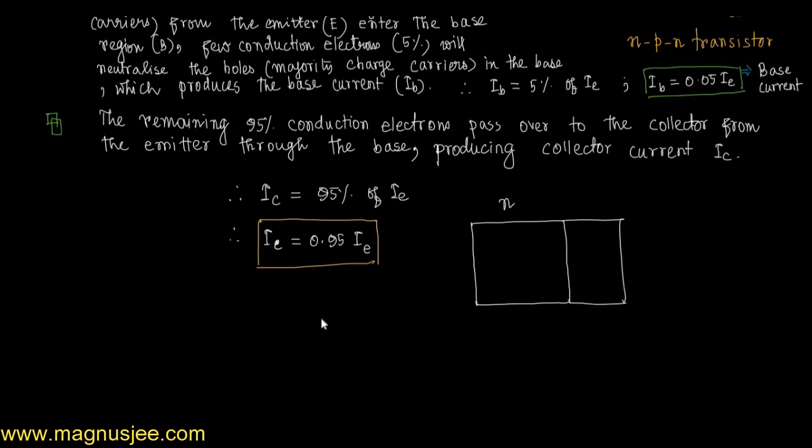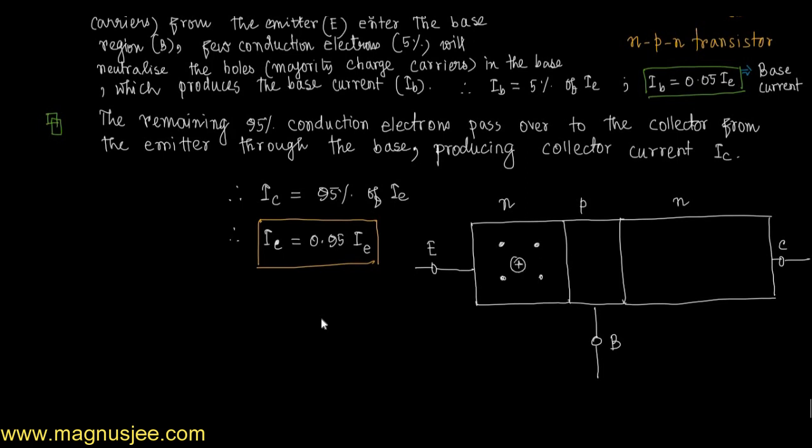This is the N-type emitter, then the P-type base, and the longest part of the transistor is the N-type collector. So E is the emitter, B is the base, C is the collector. And here these dots mean conduction electrons as majority charge carriers. Circle plus sign means holes, the majority charge carriers in the P-type base.